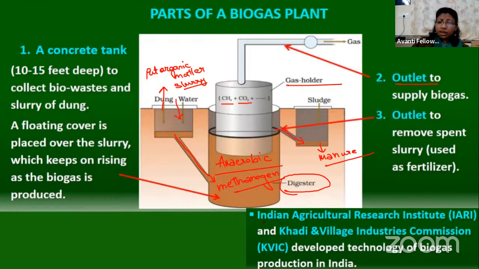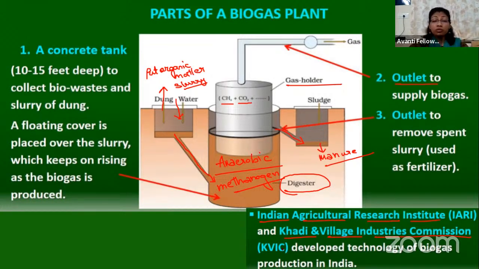First is the Indian Agricultural Research Institute, that is IARI, which is present in Pusa Road, Delhi. And another is the Khadi and Village Industries Commission. They both got together and developed this technology of biogas production so that we can reduce the use of chemicals, and we can also get an alternative fuel for LPG.